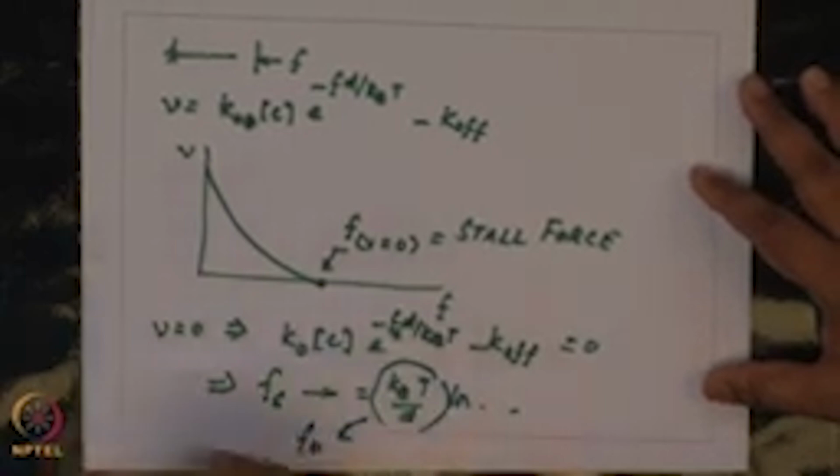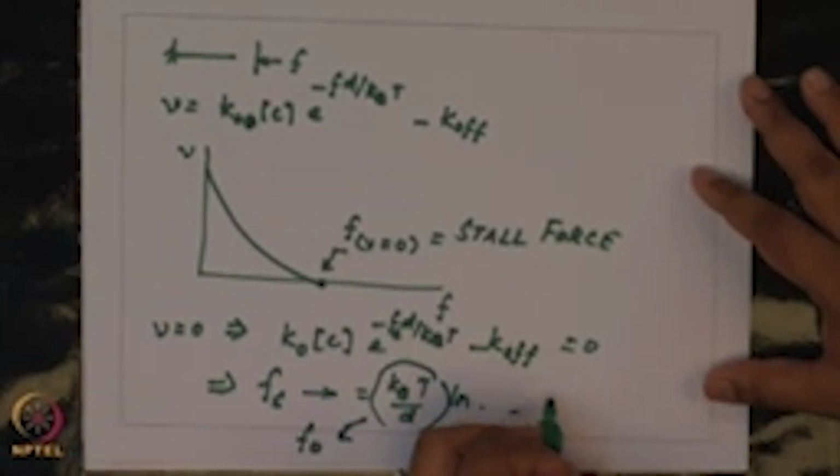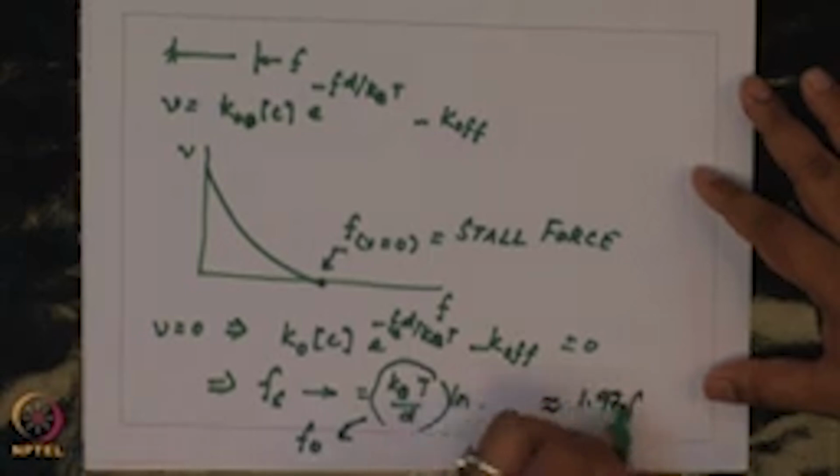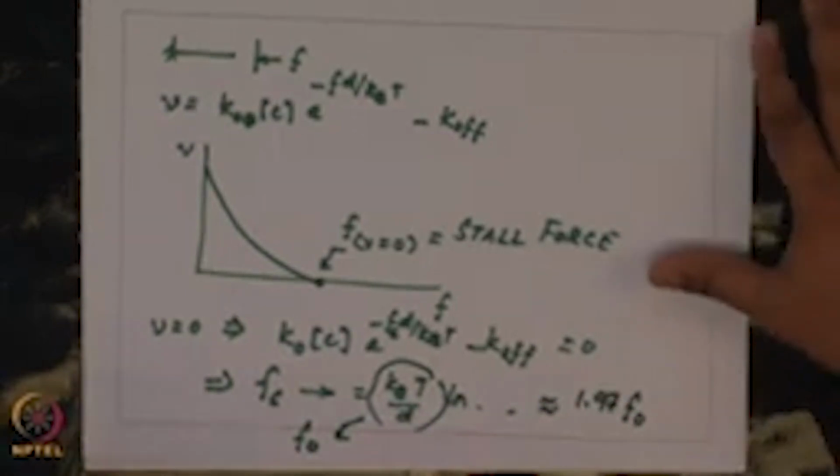If you plug in the values for an actin monomer system, you will get f_s of the order of 1.97 f_0. Now let us see how the force velocity relationship will look for a network.